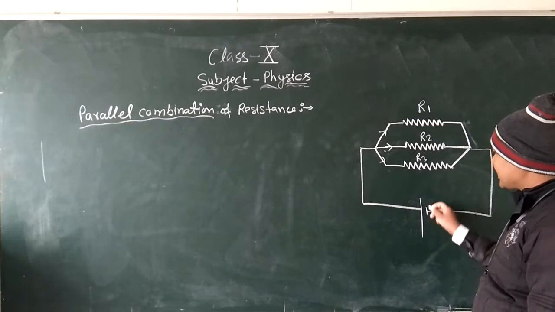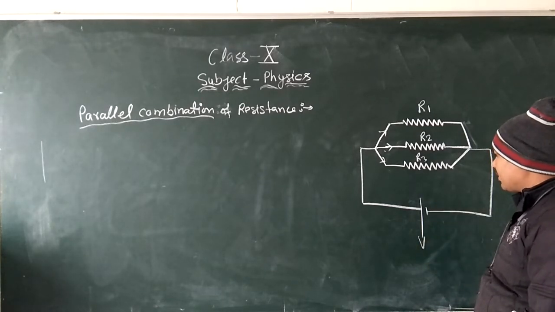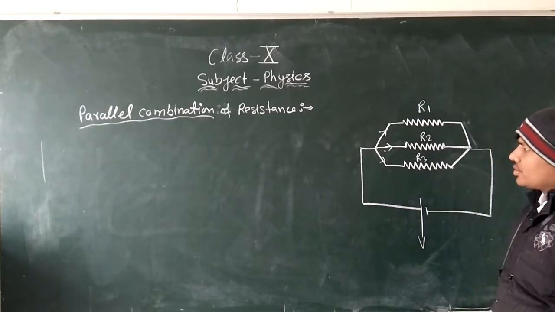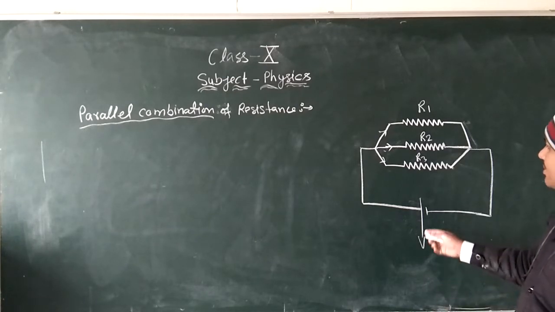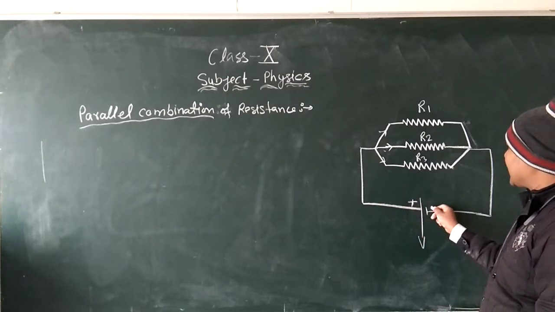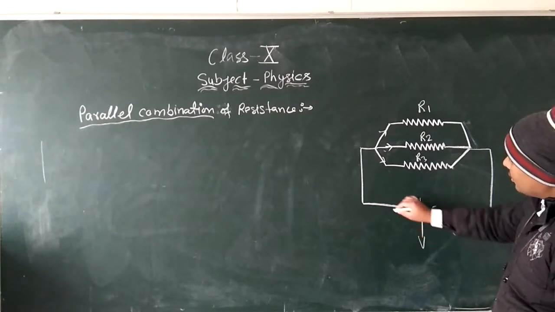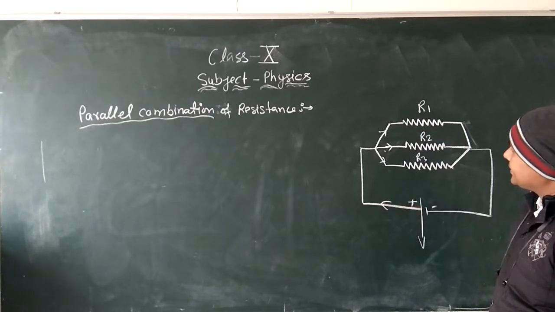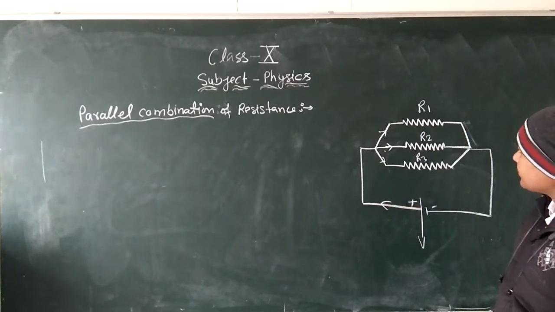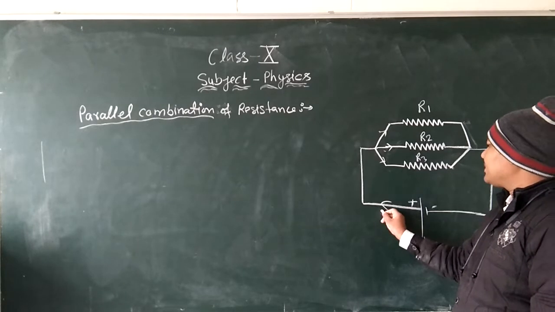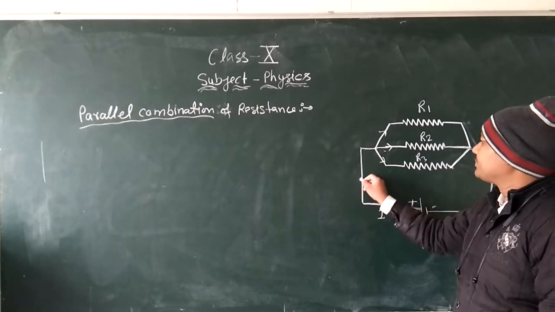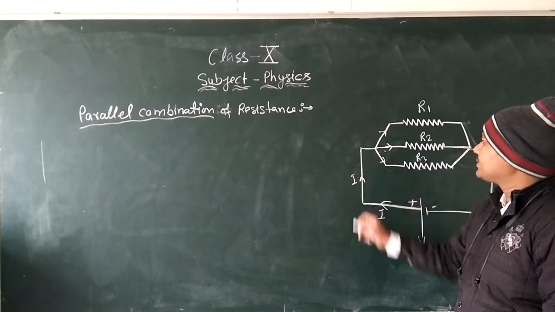Suppose that this is the source of current, that means battery or cell, which gives current in the circuit. Suppose that this current is I.